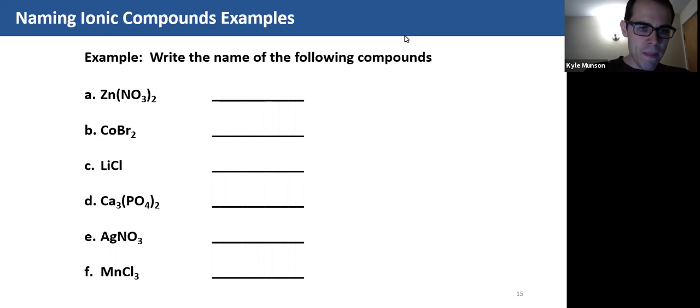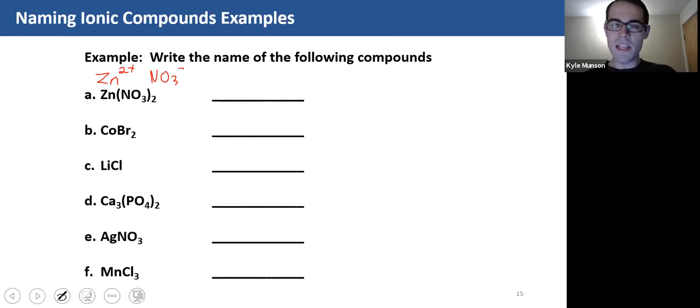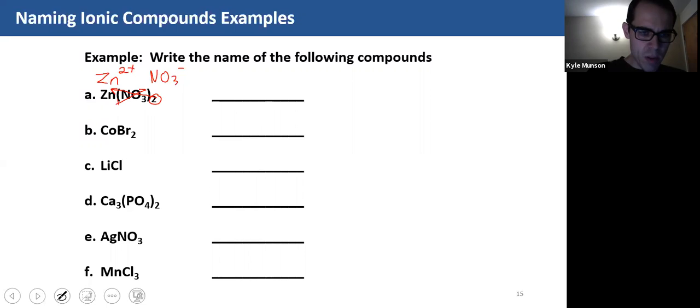So here, this is going to be zinc. And that's the nitrate anion. Okay, so I kind of undid this. The two I knew belonged to the zinc. Okay, and there's an imaginary one there that belonged to the nitrate.